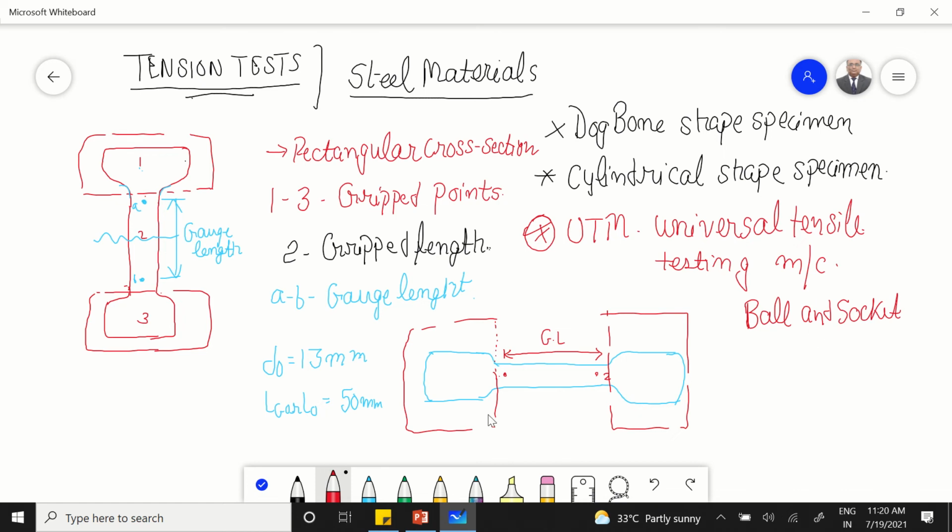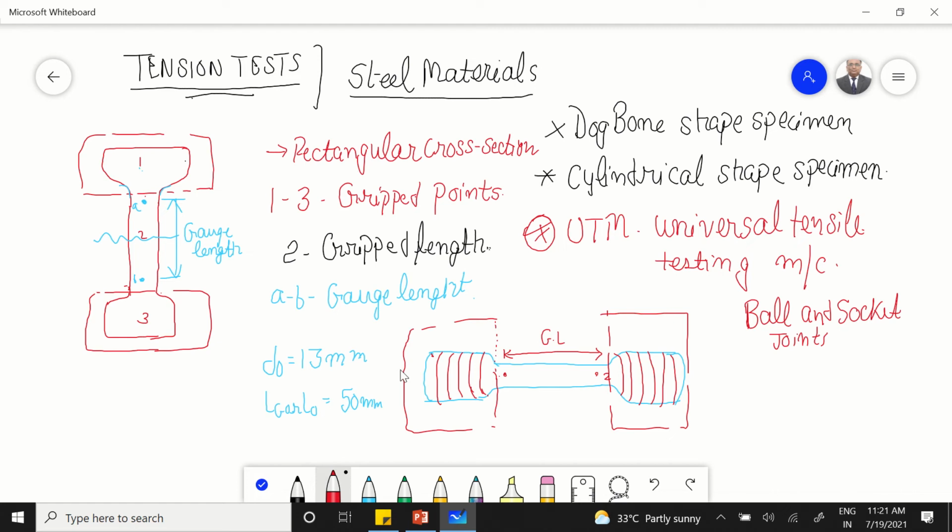In order to fit this specimen into the ball and socket joints of the grippers of the universal tensile testing machine, in cylindrical specimens we make some initial grooves which match the grooves of the ball and socket joints, like this. So this is a standard, typical cylindrical shaped specimen that is normally used in performing the tensile test.